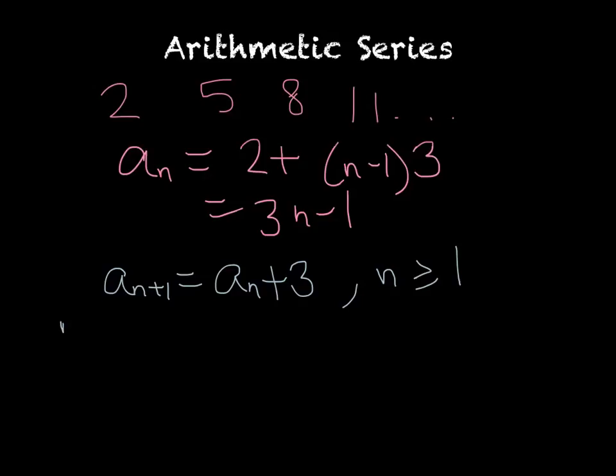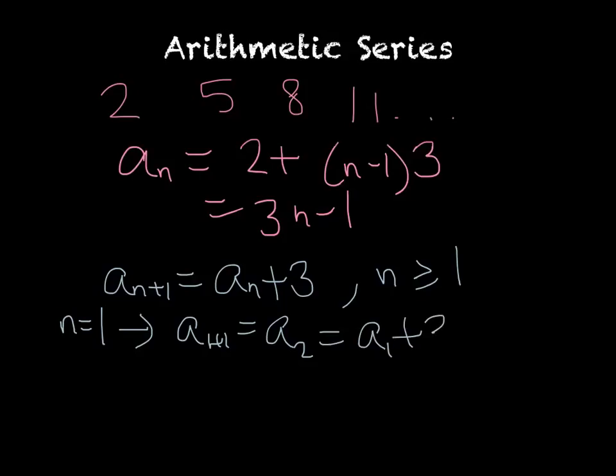And that means if we plug in n equals 1, then what the formula tells us is that a of 1 plus 1, or a2, equals a1 plus 3. And if we're given that a1 equals 2, then from this formula we can find out that a2 equals 5.